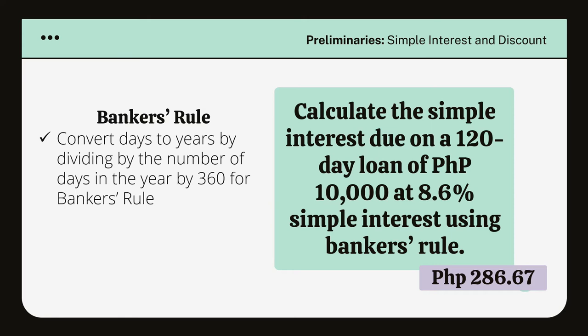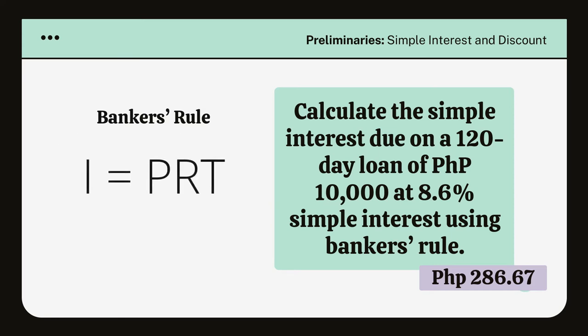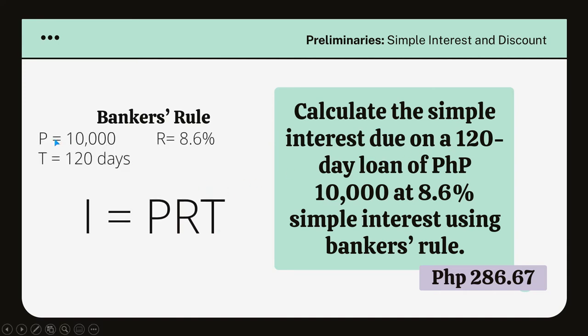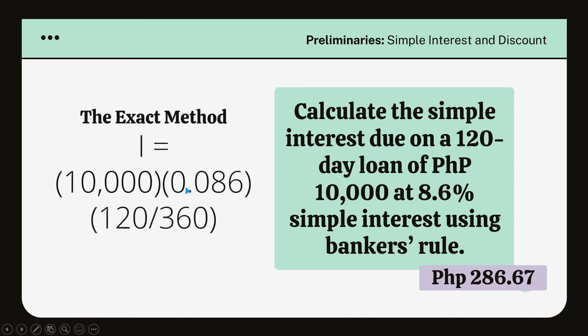Okay, that's it. So just do that. Instead of dividing 120 in this case by 365, you're going to use 360. As you can see, here's what's going to happen. And of course, when you do that, you will get 286 pesos and 67 centavos.